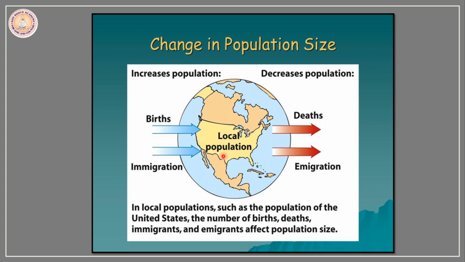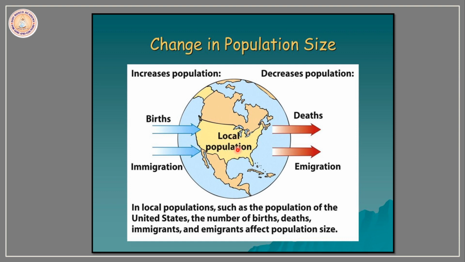Now, this migration or movement of people keeps on occurring not only from one country to another, but also in the same country from rural to urban areas. Now, that also tends to give a different census of the number of people living in that particular region.